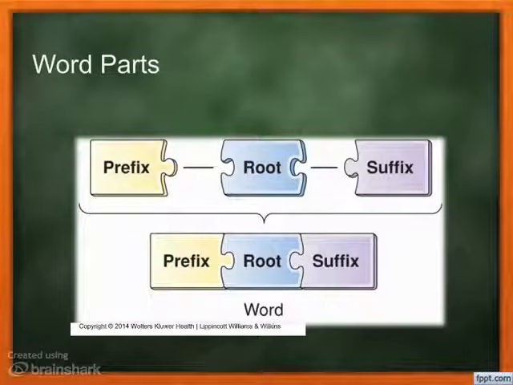Sometimes over the course of this course or in working in the medical field, you may forget what some of the parts of the word mean. But if you can remember any part of the word, you have a big concept of what this word might mean.